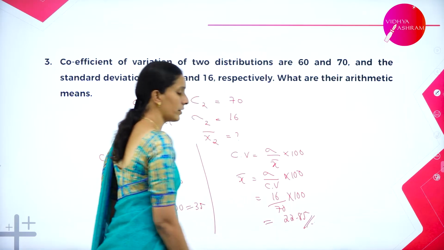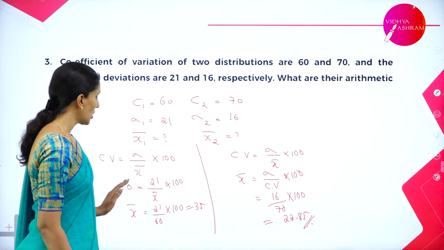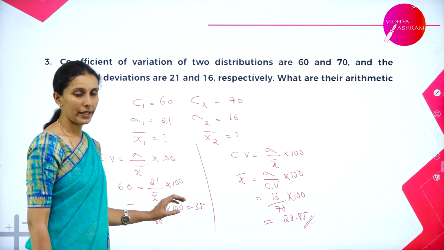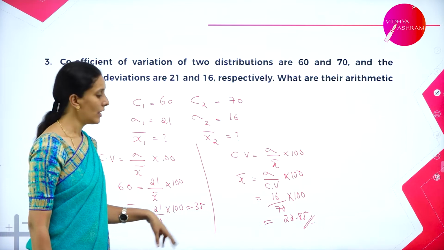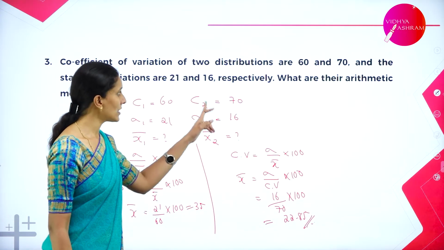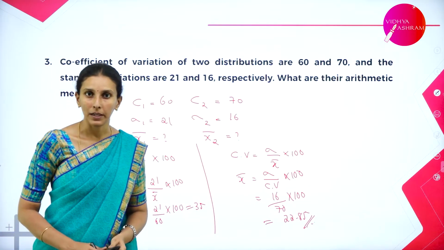If you want to compare here, we studied that the series having greater CV is more variable, and the one having lesser CV is more consistent. So we can say the second one is more consistent, the first one is more variable.